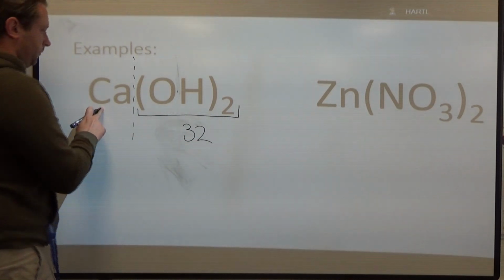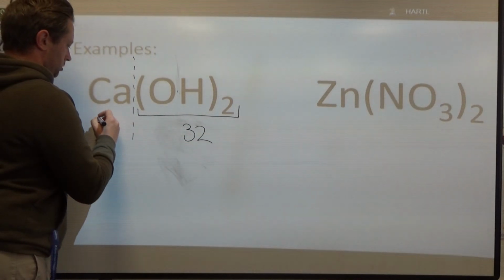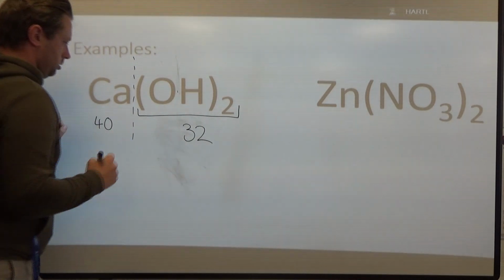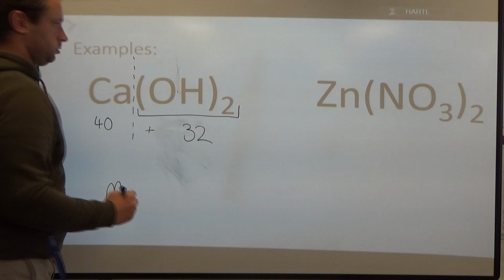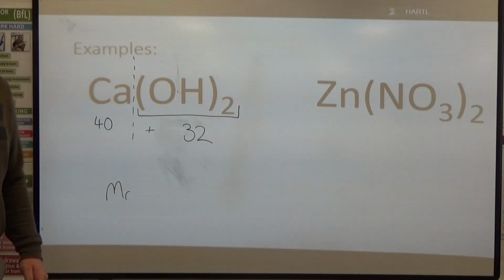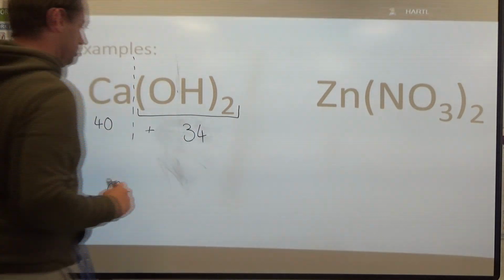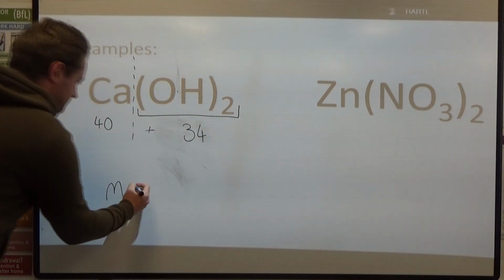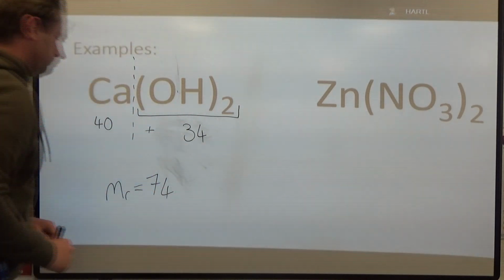Then all we need to do is just find Ca, which is calcium, and the mass number of 40. And then all you need to do is add those two numbers together. 34 plus 40, sorry, my mistake. 74. And it gives you a relative mass of 74.